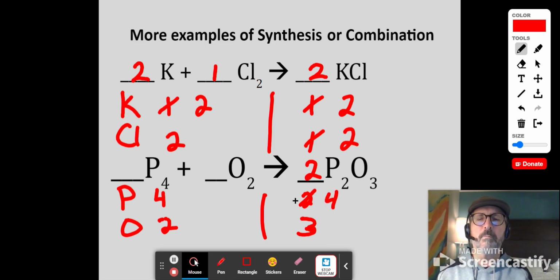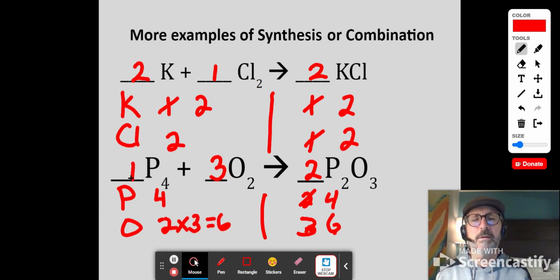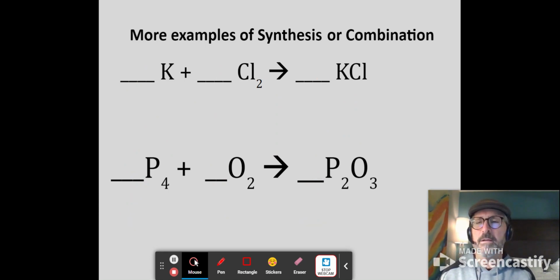Good job, we're balanced on the phosphorus. But this makes us also double the amount for 6. So let's go ahead and use 3 molecules of oxygen, 3 times 2 gives me 6. And then we're done in that balancing act, I guess we call this.